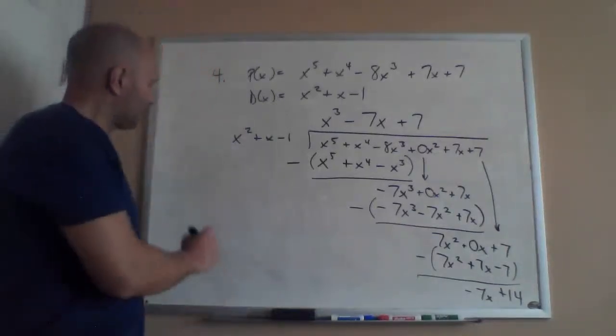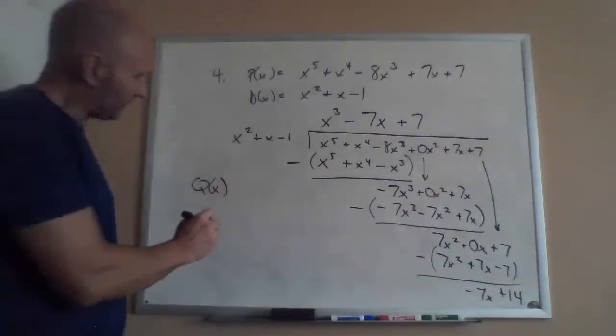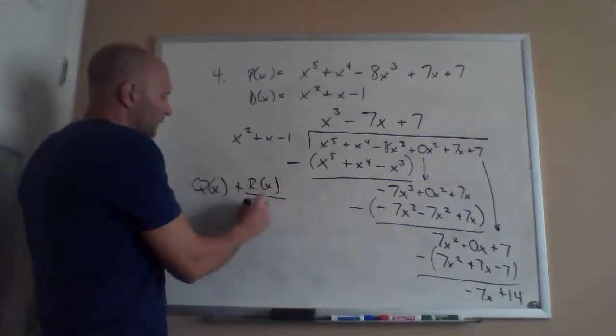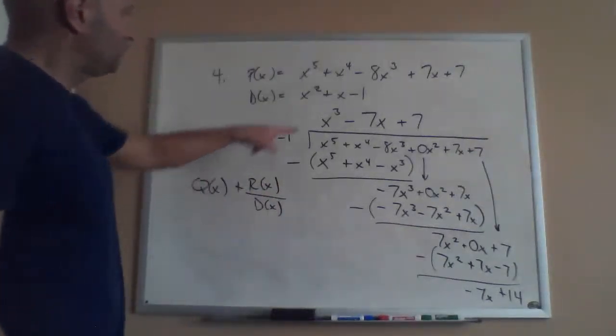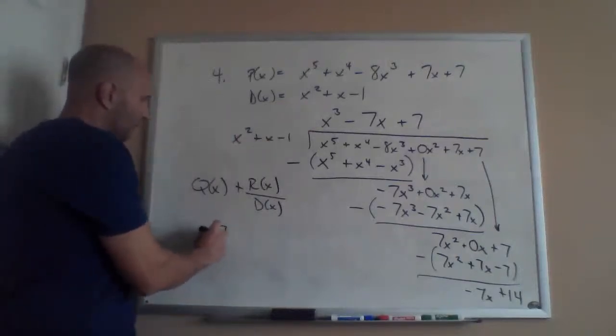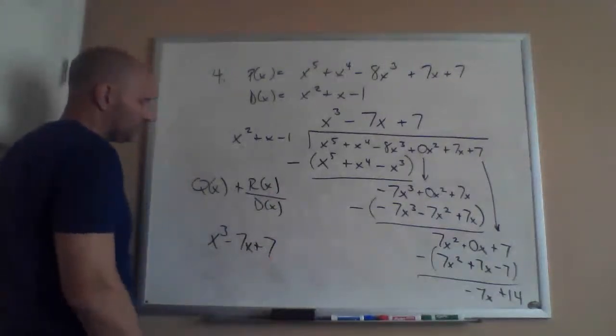So WebAssign wants this as Q of x plus R of x over D of x. So this is the format we need to put our answer. Q of x is this guy, the guy in the top line. So x to the third minus 7x plus 7.